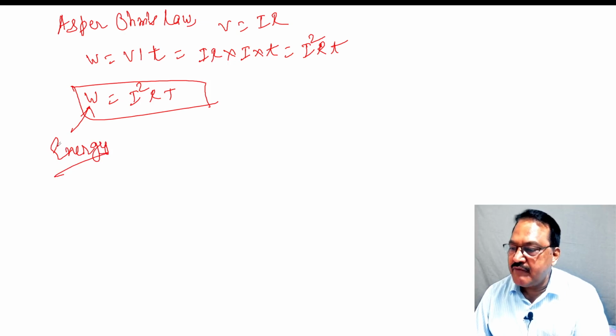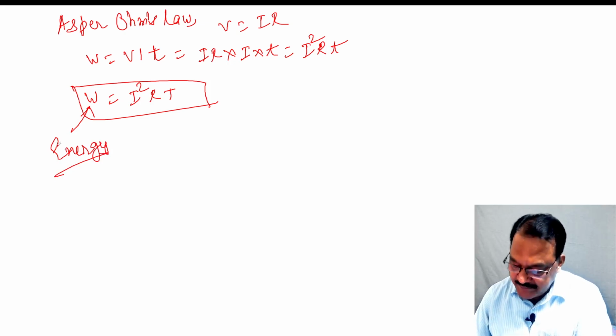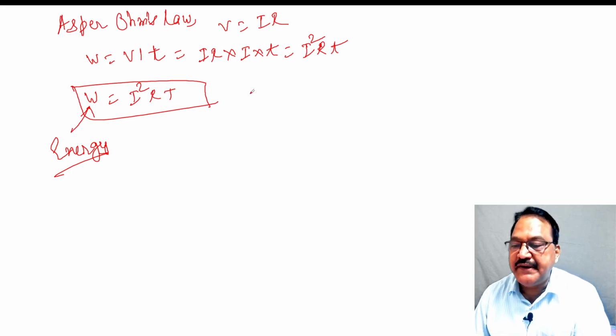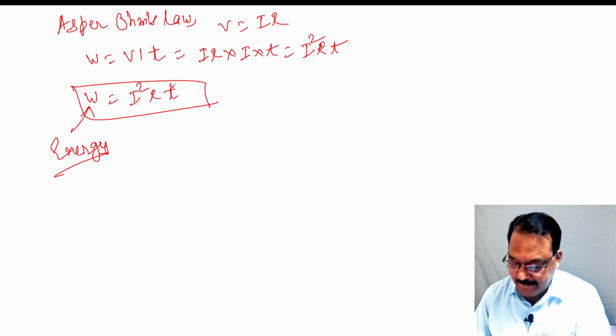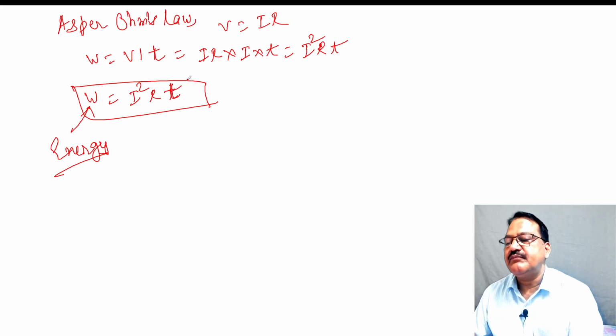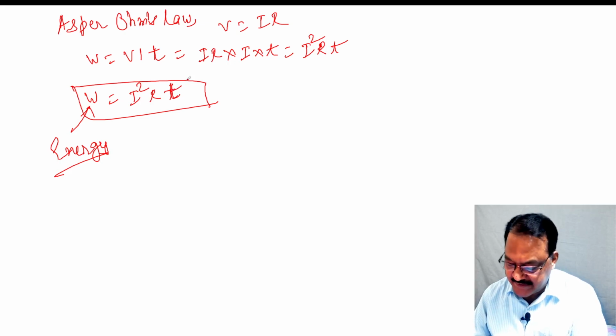So what we have concluded here is that W, energy, depends upon the current, resistance, and time, the total time for which the current is flowing in the circuit.